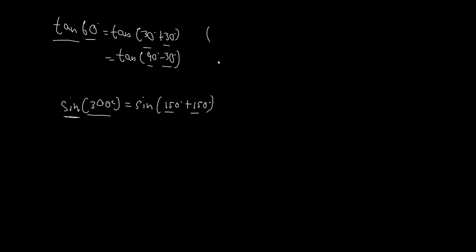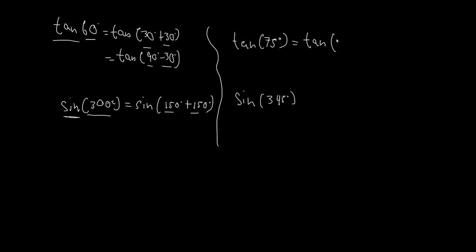How about the other ones? What if your input is not a special angle, just like 75 degrees, and then we have sine of 345 degrees? These are not special angles. However, I can rewrite 75 degrees into two separable special angles, which are 30 degrees and 45 degrees, because 45 plus 30 is 75 degrees.